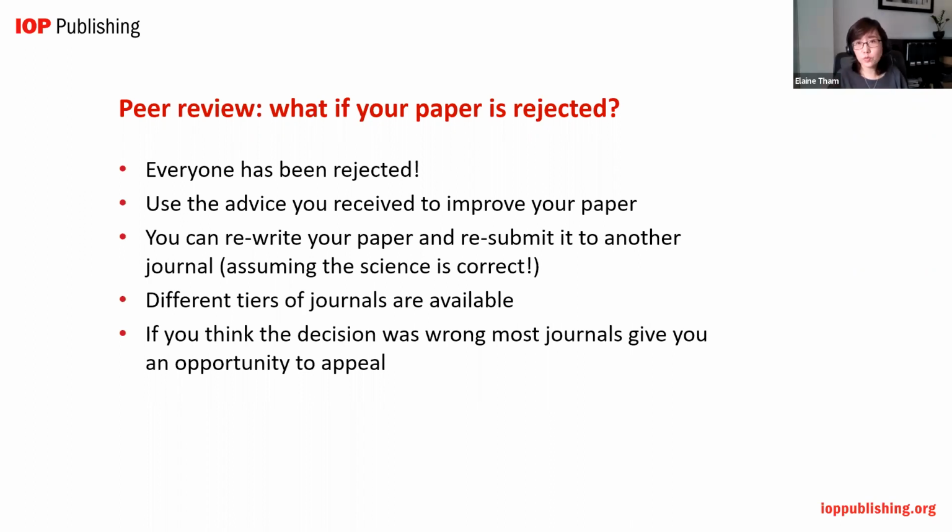As we've discussed before, there are journals that are more focused on the most cutting edge research, and there are journals that are focused on scientific rigor and less on the perceived novelty of the work. And finally, if you strongly disagree with the journal decision, most journals will have an appeal process that you can go through.